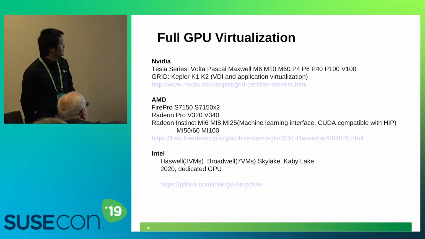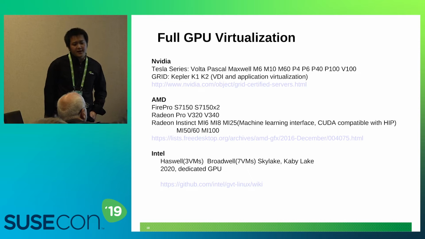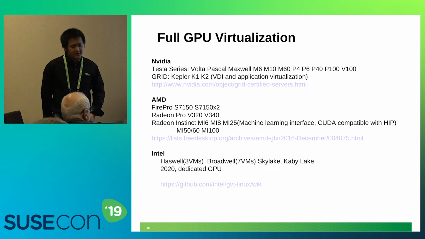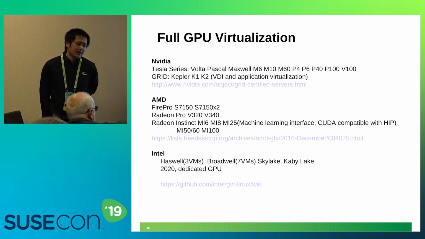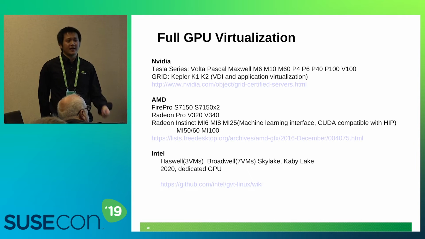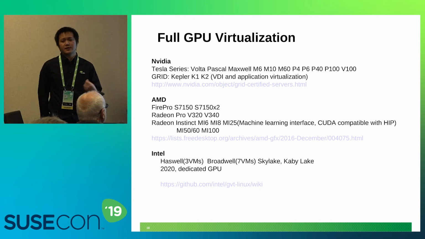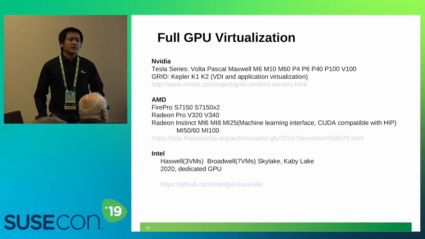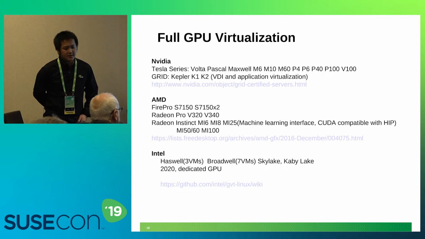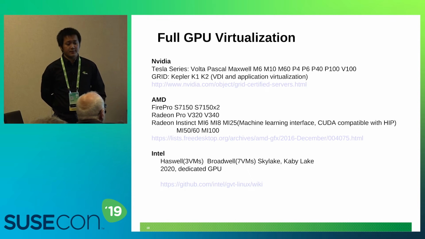And AMD announced, I think three years ago, the FirePro series S7150, where you can run like 8 VMs and 16 VMs at the same time. And their main product line is now the Radeon Instinct products.